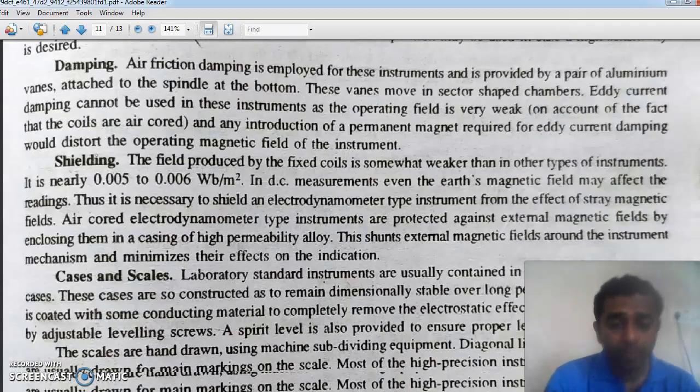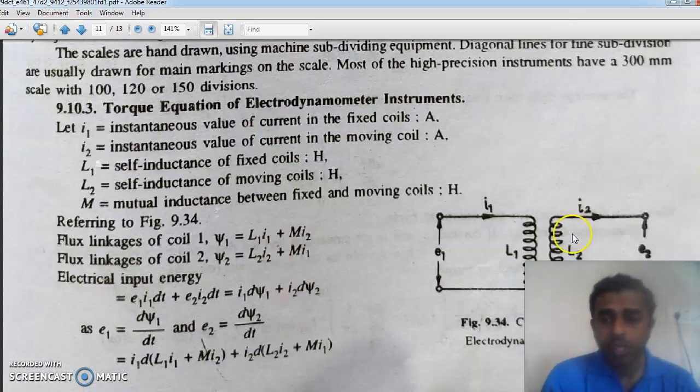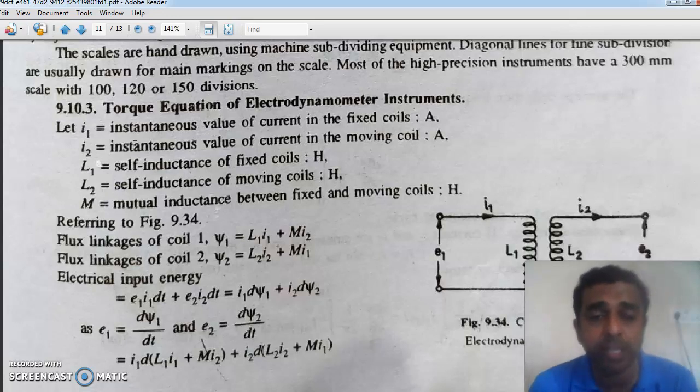L1 stands for the fixed coil and L2 stands for the moving coil. I1 and I2 are the instantaneous values of current through the fixed coil and moving coil respectively. L1 and L2 likewise are the self-inductances of the fixed coil and moving coil respectively, and capital M is the mutual inductance between the fixed and moving coils.